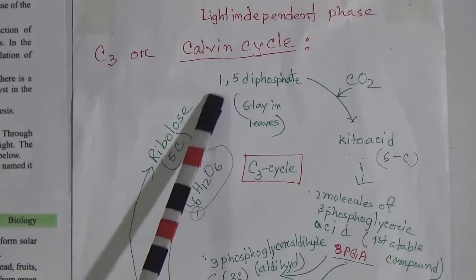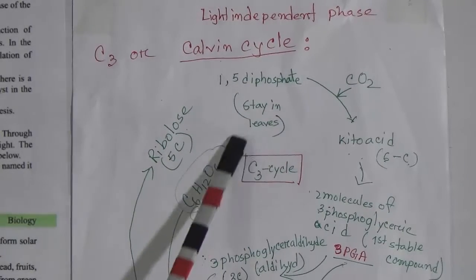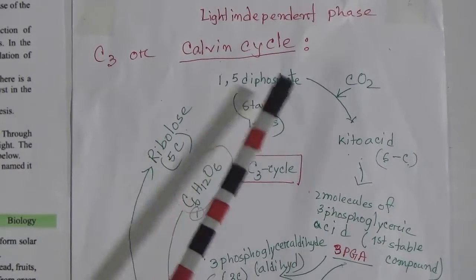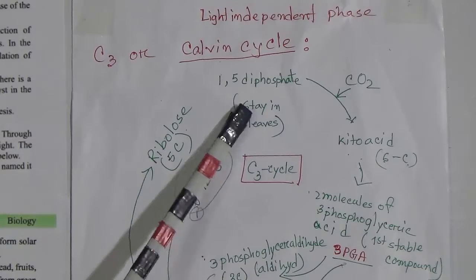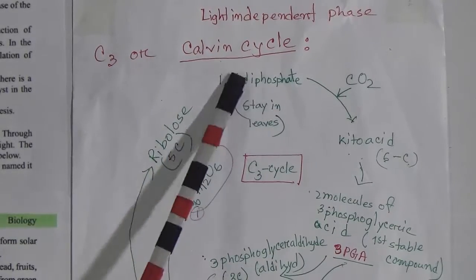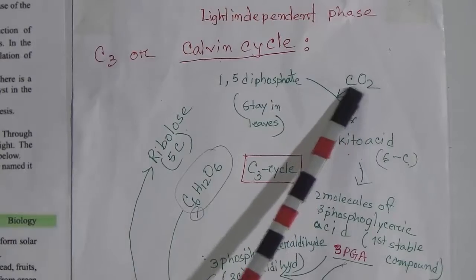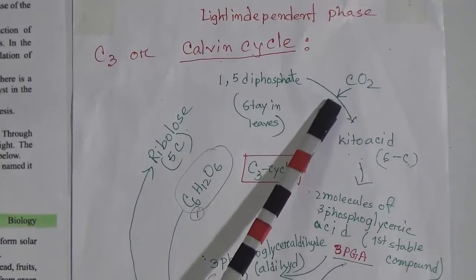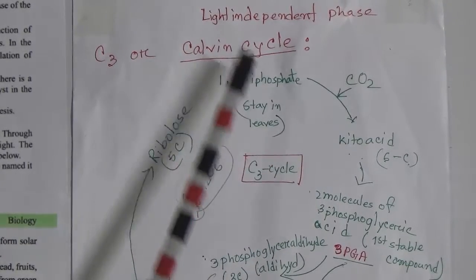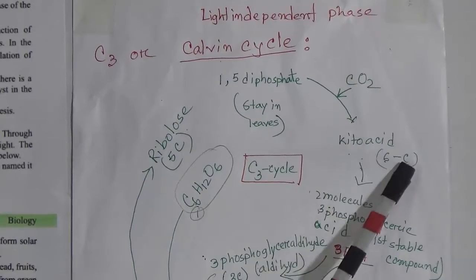First, ribulose 1,5-bisphosphate is always stored in the leaf, and carbon dioxide enters through the stomata of the leaves and reacts with it to produce a keto acid.